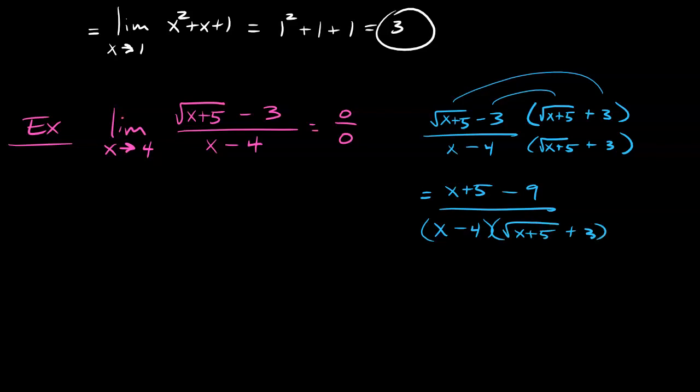Now, here's the trick. These questions are planned to work out perfectly for you. Don't multiply out the bottom. I say that because if I look at the top, x plus 5 minus 9 turns into x minus 4. So these questions are actually laid out to work out for you.